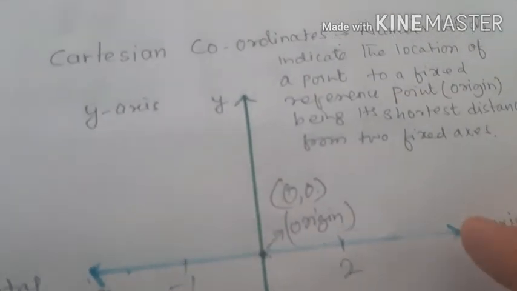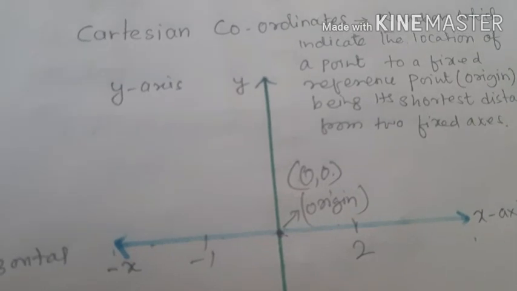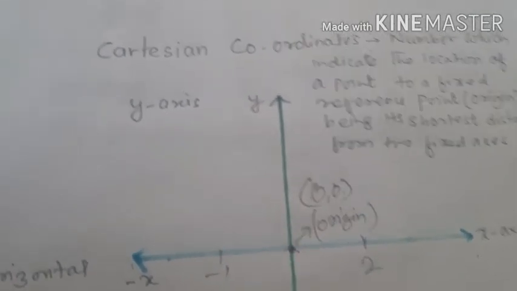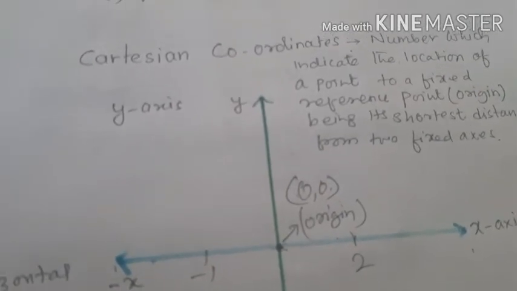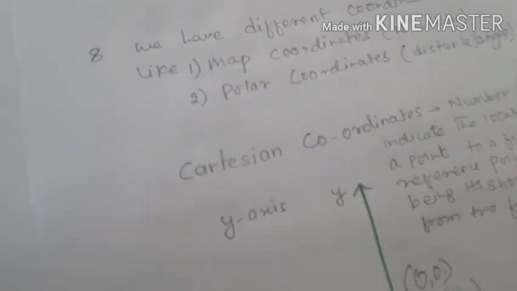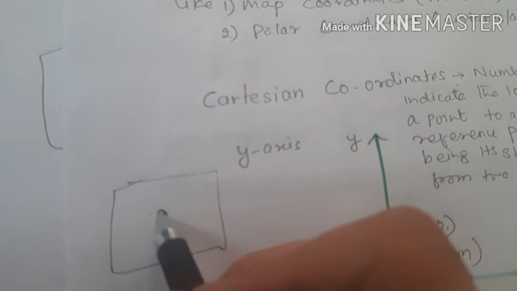Okay, and in this chapter we don't have much exercise to do. Coordinates actually give you the position of an object where it is placed. We can take any reference point. Suppose I have a table out here, and something is kept here.